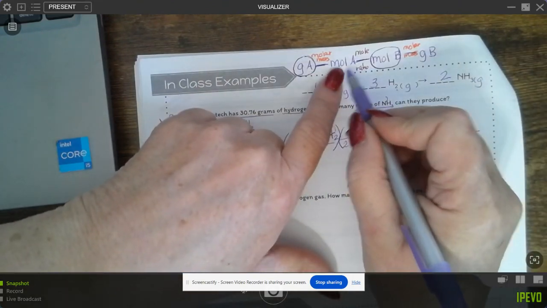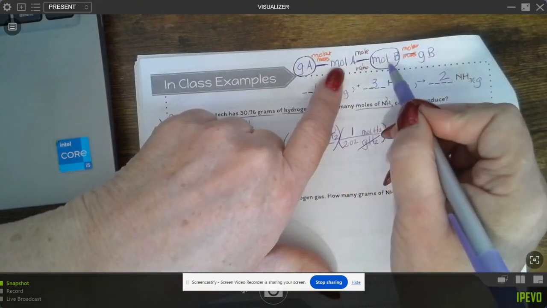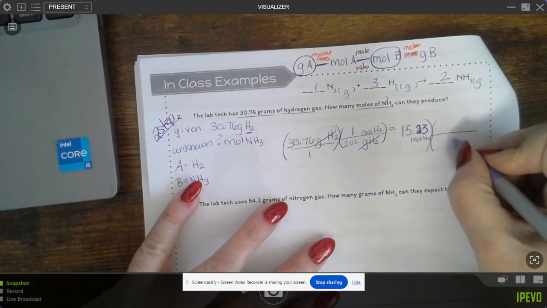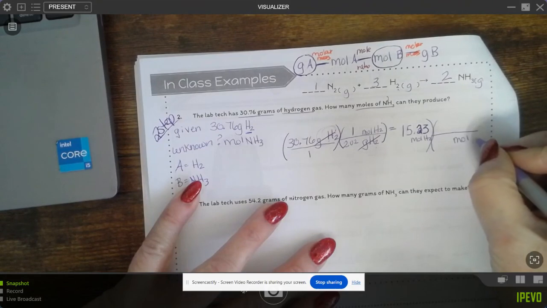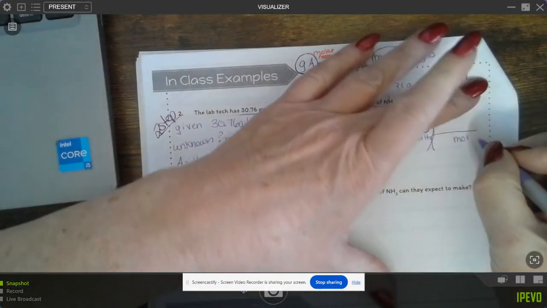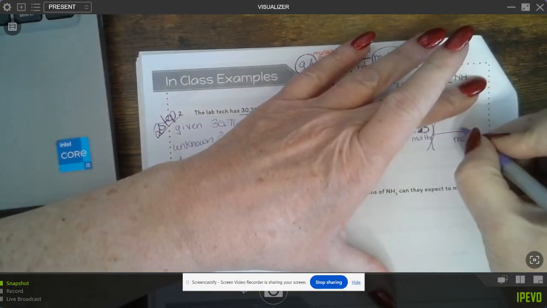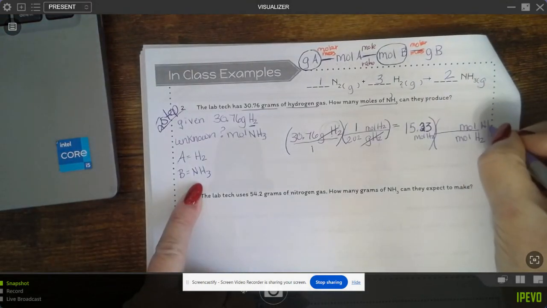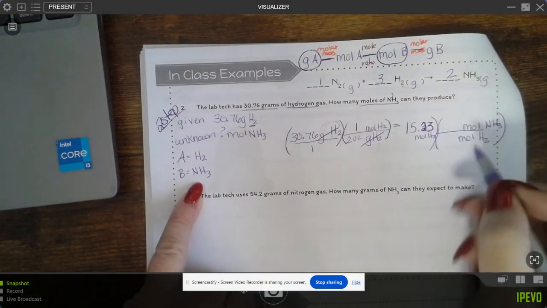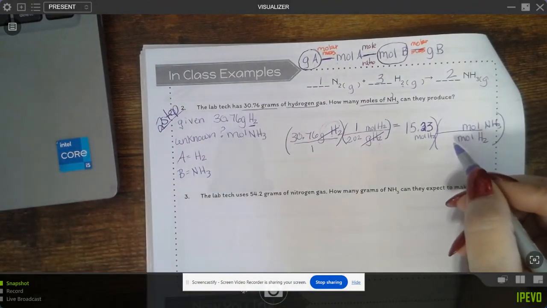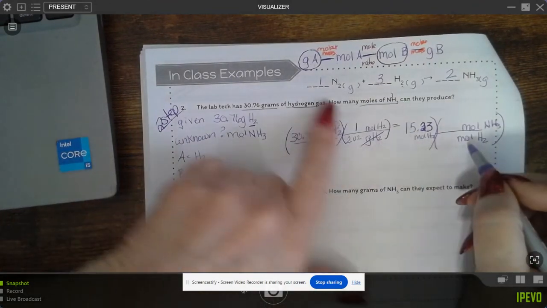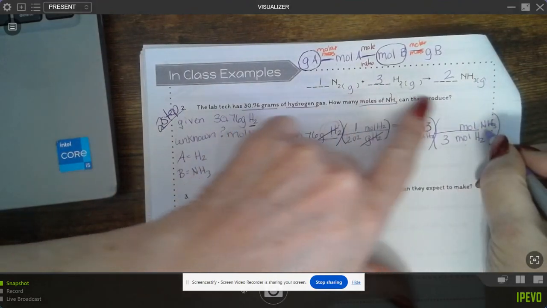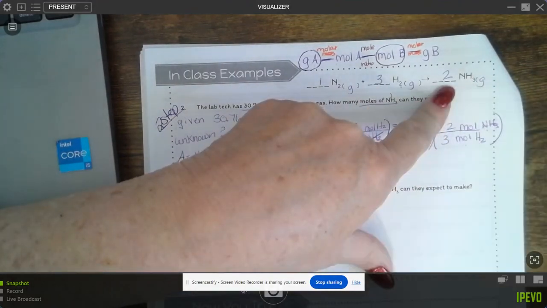I start with moles of A. I want to get to moles of B using the mole ratio. So moles of A is going to go on the bottom. A is H2. Moles of B is going to go on the top. B is NH3. When you have mole to mole, you're looking for the mole ratio. So from our equation, 3 moles of hydrogen will produce 2 moles of ammonia.